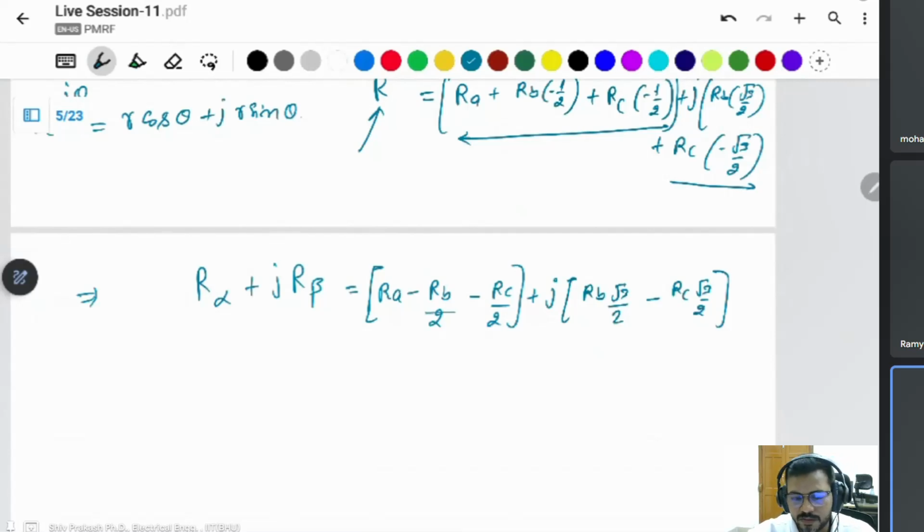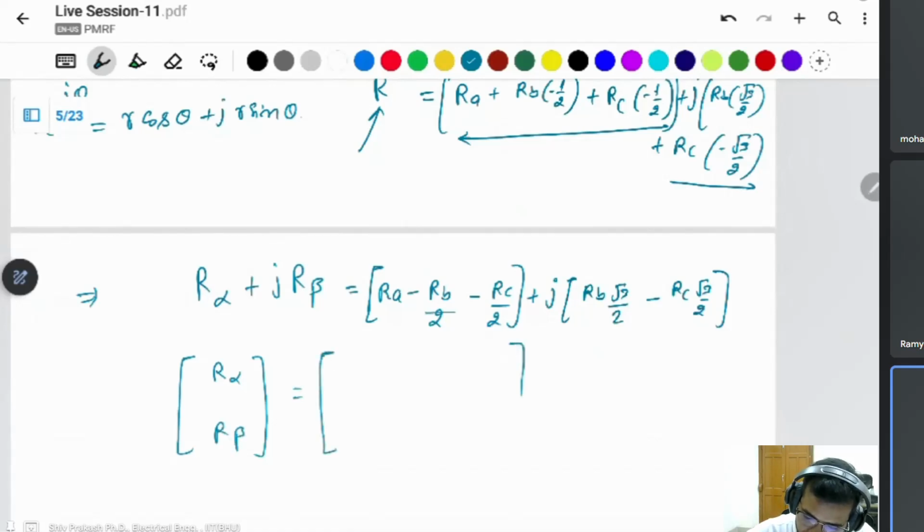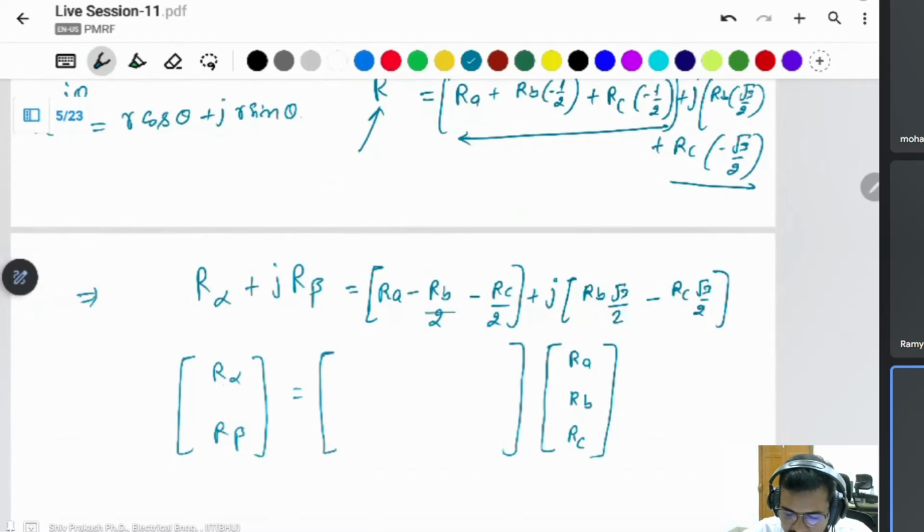If you want the same thing in matrix form, you can simply use a matrix. R alpha, R beta, and just three variables RA, RB, RC. The magnitude of RA in R alpha is 1.